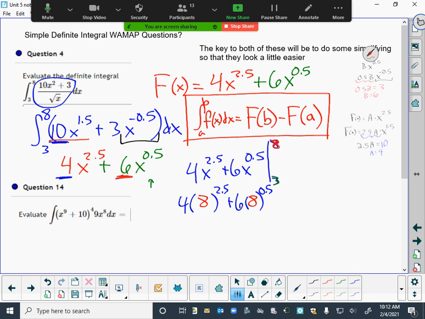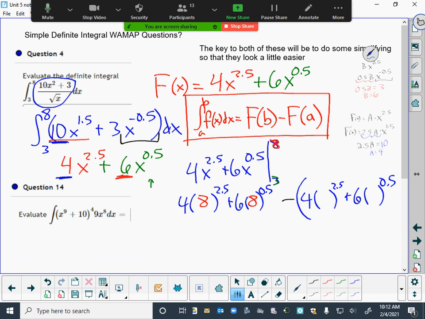So there is capital F of B minus capital F of A. So that's going to be 4 times 3 to the 2.5 plus 6 times 3 to the 0.5.